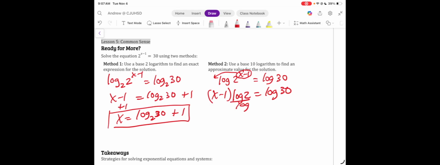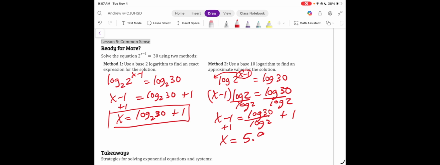Divide by log of 2. X minus 1 equals the log of 30 over the log of 2. Please don't write that as the log of 15. That's not how the property works. And if you add 1, this is something you can type into a calculator. You're going to get about 5.91 when you do.